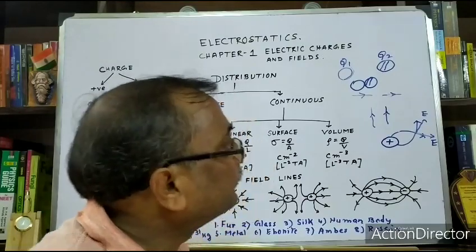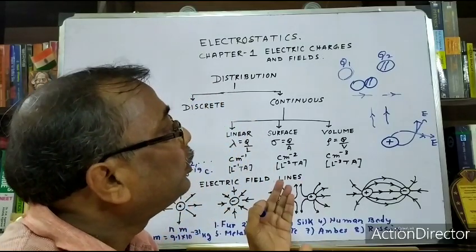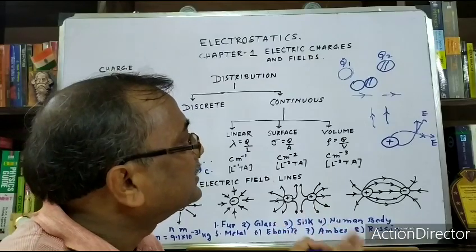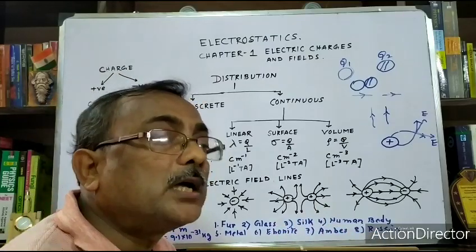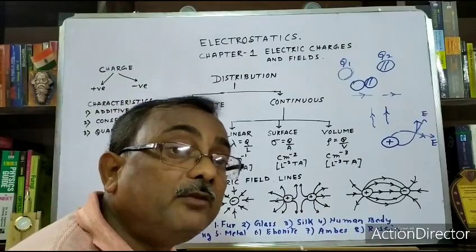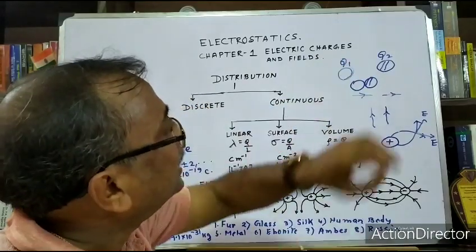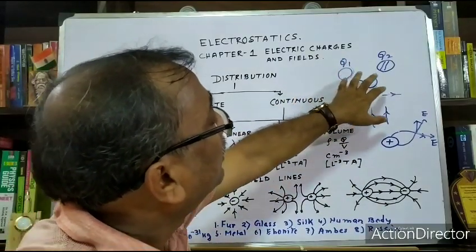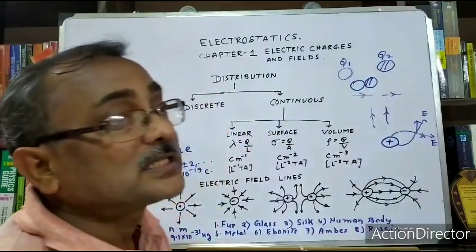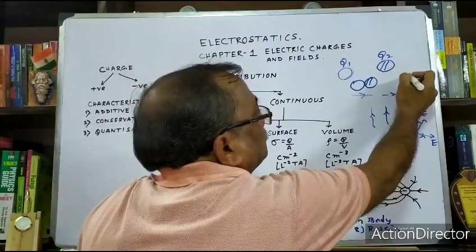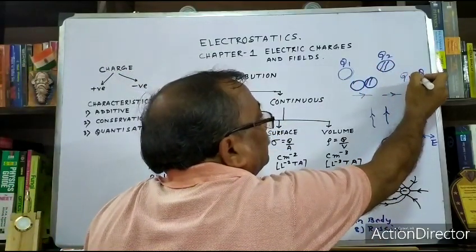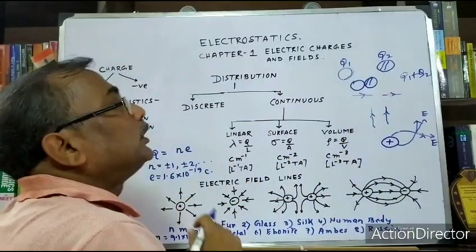The answer is, when two charged bodies are kept in contact and separated, the total charge after separation will be equally divided. So what is the total charge? The total charge is Q1 plus Q2. This is the total charge.